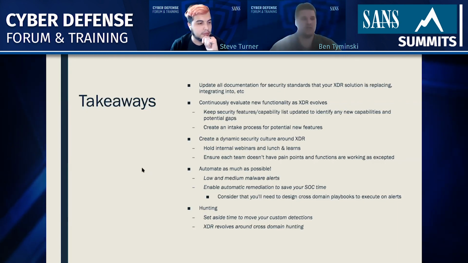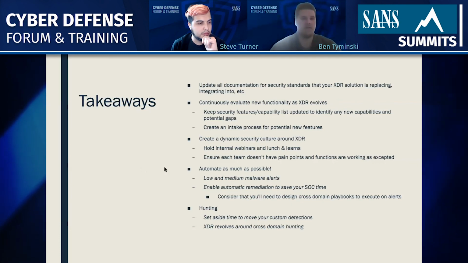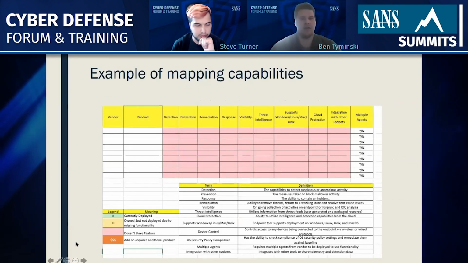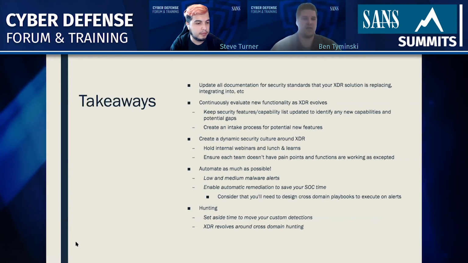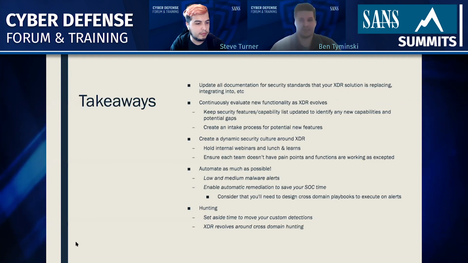So you would want to start out with some easy wins like AV remediation and then quarantining of the low level alerts. And then from there, moving on to your playbook and working across the domains to execute on those alerts and auto closing. All that's going to save a serious amount of time that could now be taken into something like threat hunting.